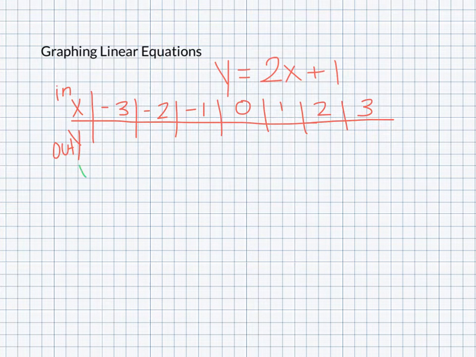I'm going to take y equals 2, and then because there's the x in my rule, I'm going to put the -3 in there because that's what x is, plus 1. I do that math and I'll get -6 plus 1, so I'm going to get -5. So y equals -5 in this spot. That's how you fill in the table.